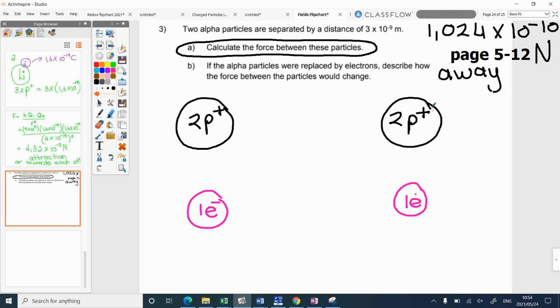This alpha particle that was 2 protons was replaced by 1 electron. It didn't say they were replaced by 2 electrons each. It said the alpha particles were replaced by electrons. So instead of an alpha particle, I now have an electron. What happened to the charge from there to there? It's halved. You're not really worried about the fact that it's positive or negative until you get to the direction. This one was also halved. So if both of them are halved, what's going to happen to the force?